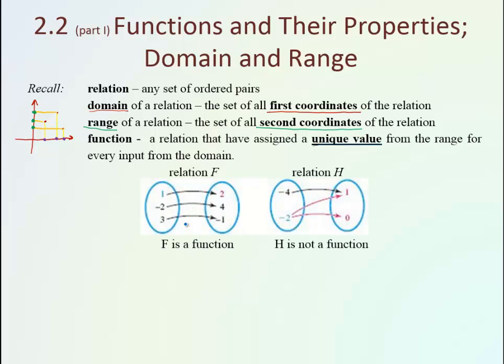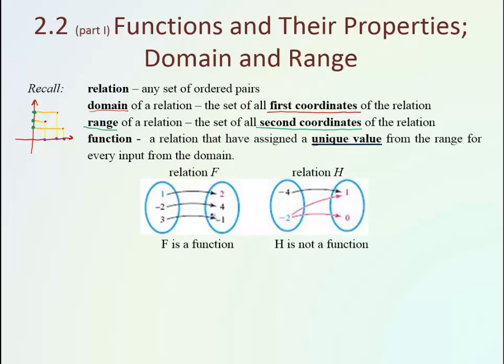And here we have a diagram of 2 relations. One of them is a function, the other is not. So relation f is also a function because for every input we have exactly one unique output that is attached to it. For example, 2 is attached to 1, 4 is attached to -2, -1 is attached to 3.